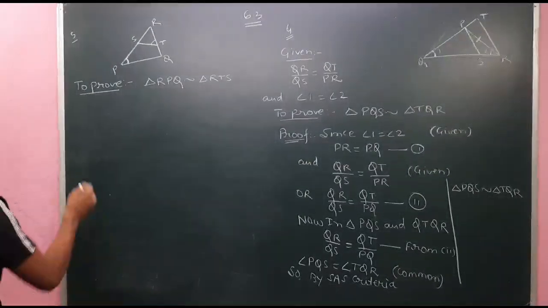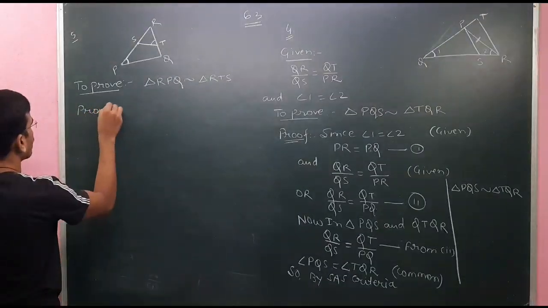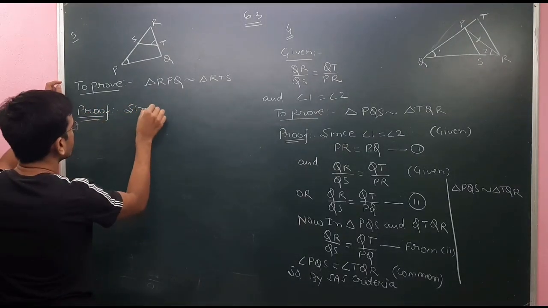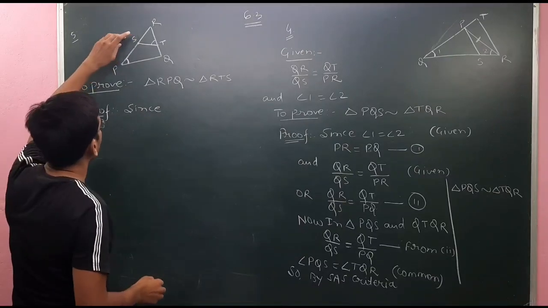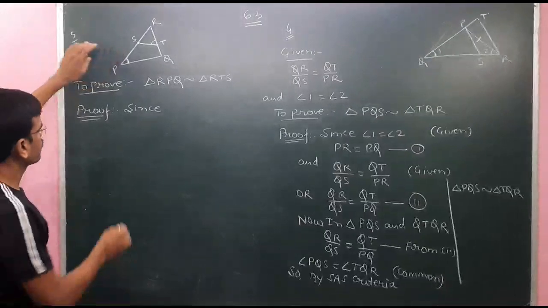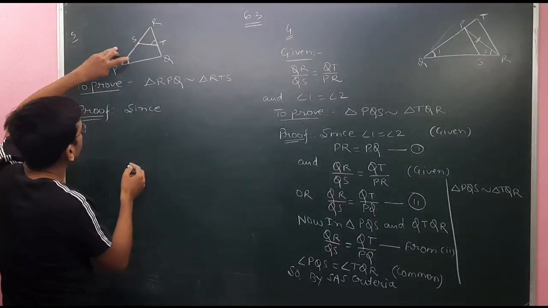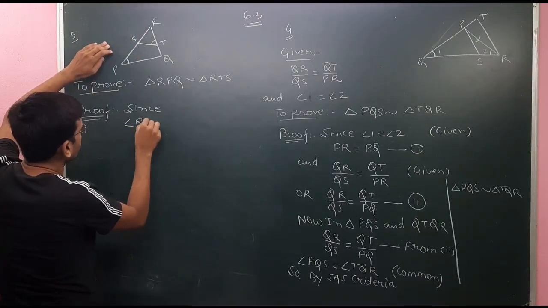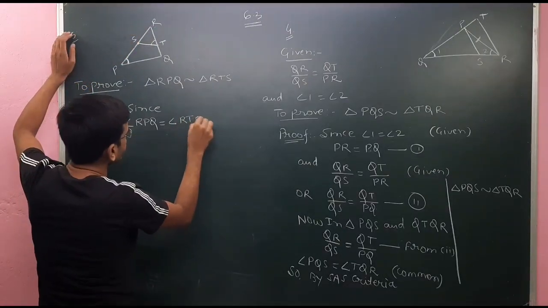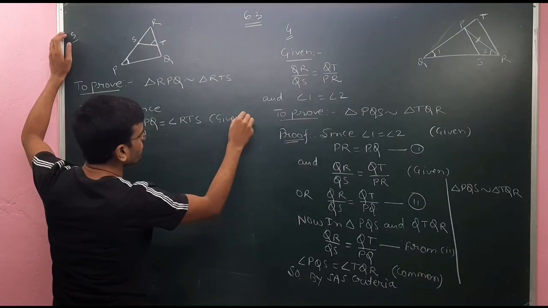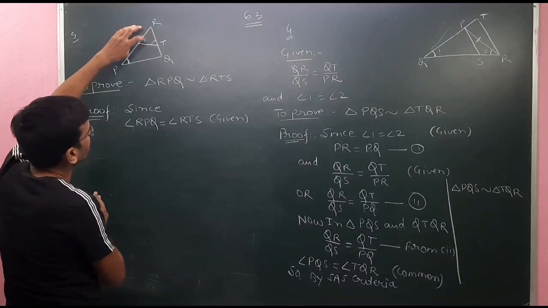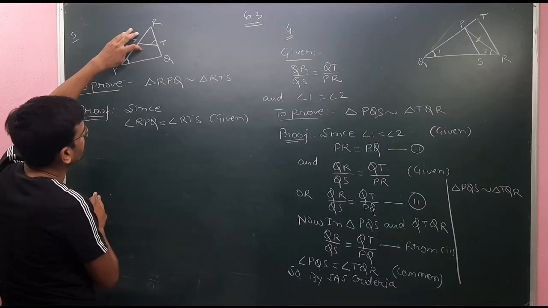So let's see the proof of this question. Since angle P means angle RPQ, angle RPQ is equal to angle RTS. This is given in your question. Number 2, R is common for both triangles.